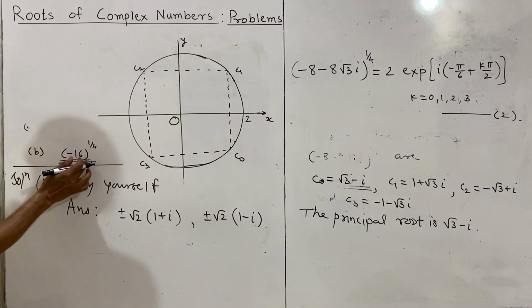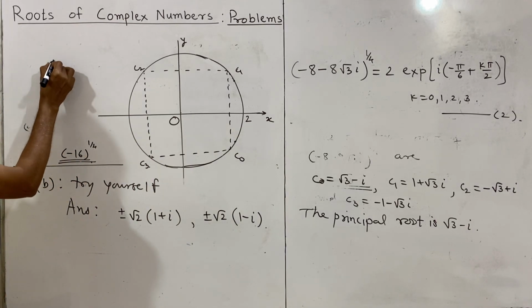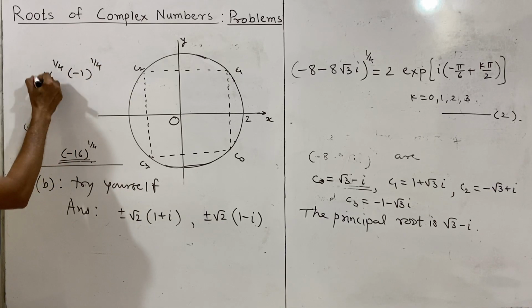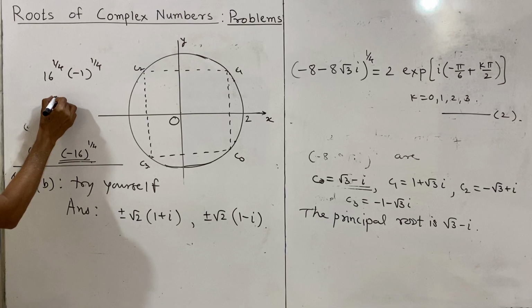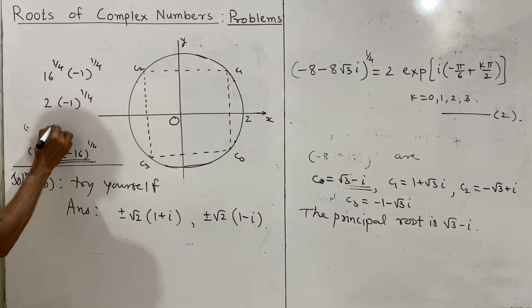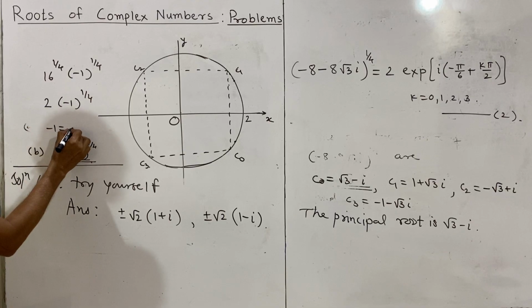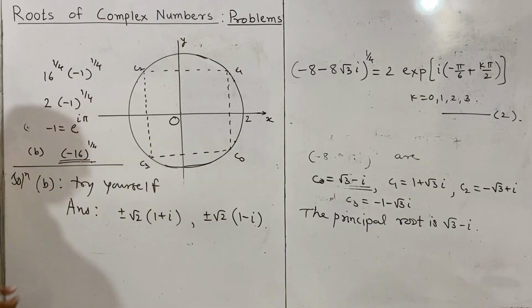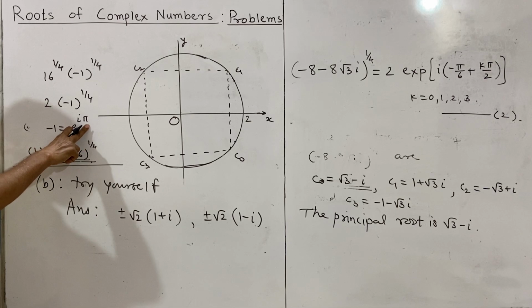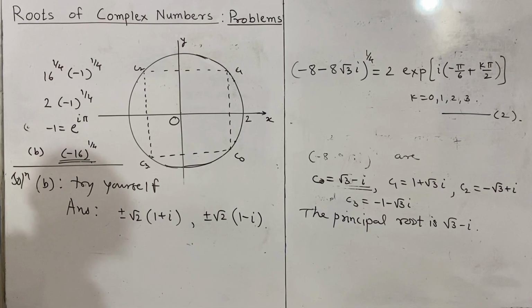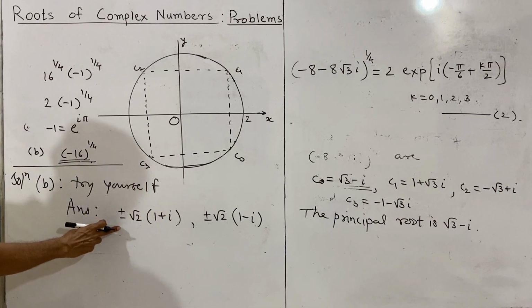We can express this as 16 raised to 1 by 4 into minus 1 raised to 1 by 4, and 16 raised to 1 by 4 is 2. Minus 1 can be expressed as e power I pi, and so on. We can add here 2k pi and put the value of k as 0, 1, 2, 3. You will get the 4 roots like this.